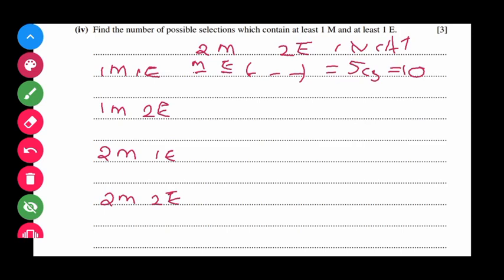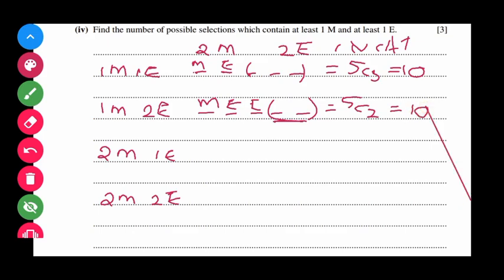Let's check the second one. We need to choose 1 M and 2 E's. So how many places? 2 places to be filled with I, N, C, A, T. So 2 places to be filled and there are 5 letters. So it can be chosen in 5C2 ways. That's also 10.